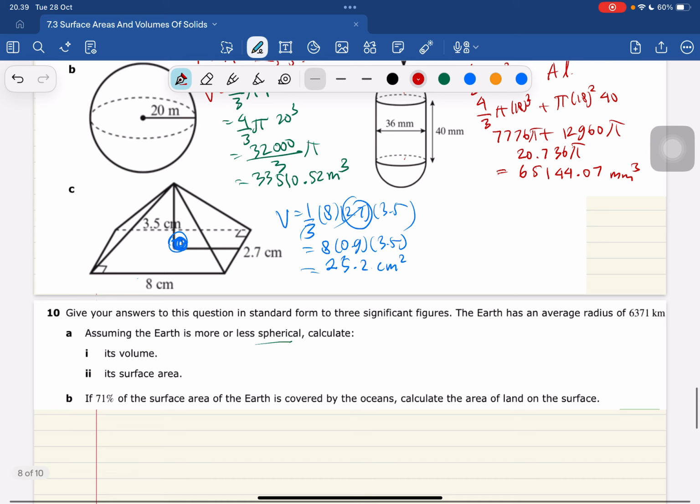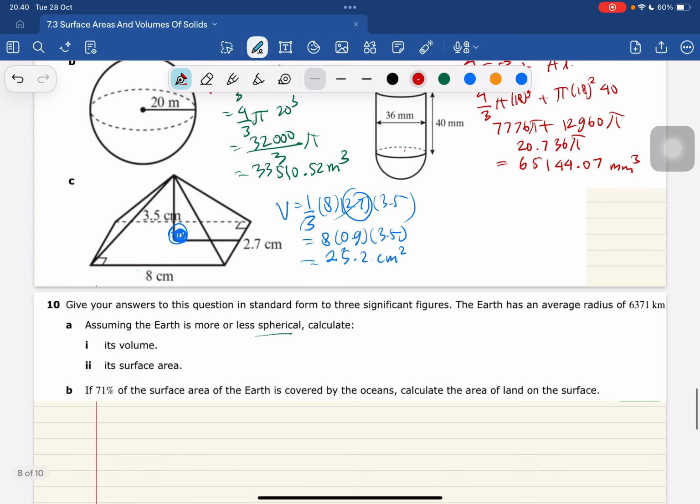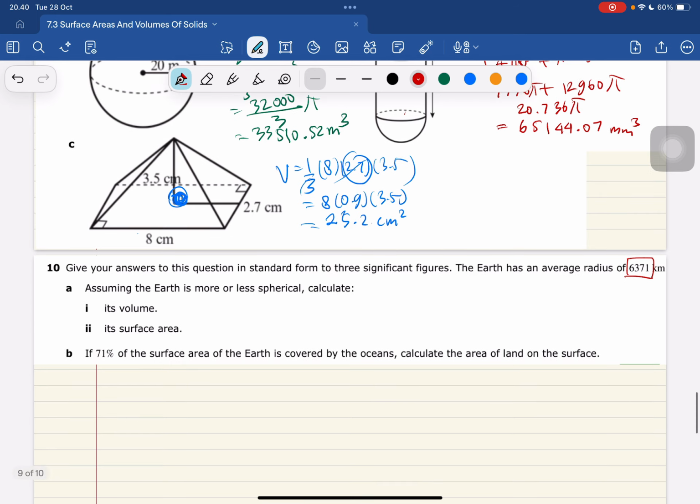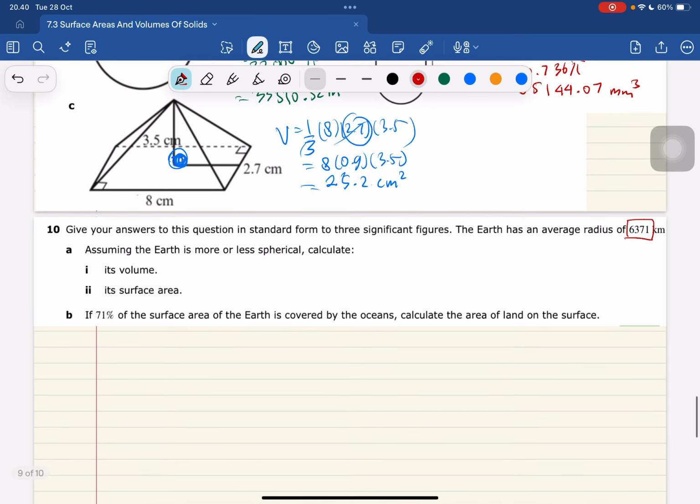Next, give your answer in this question in standard form, to three significant figures. The Earth has an average radius, look at here, of 6,371 kilometers. So find the volume.